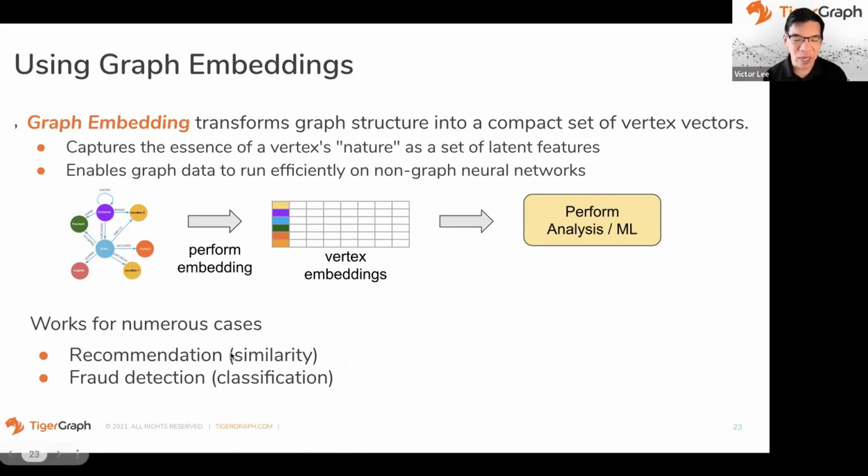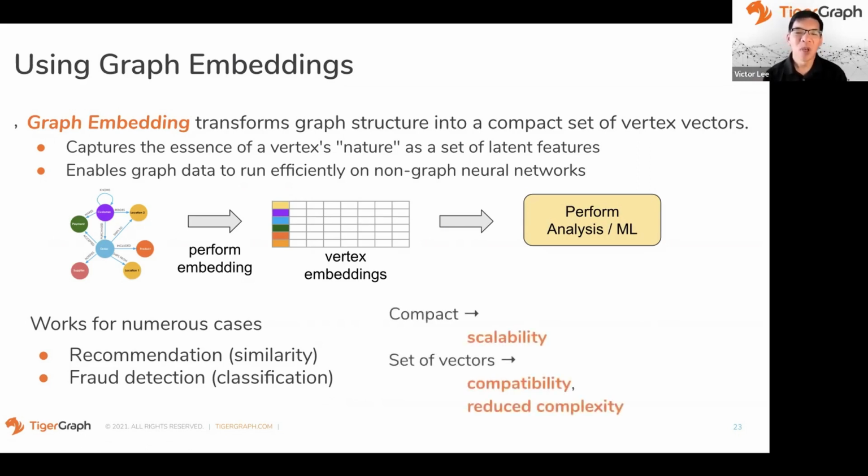You can group them together if they're similar and do classification. So you can do fraud detection. Again, all the use cases that we had before, you can still apply, but we've transformed the data, we've made it more scalable, we've made it more compact, and we've made it tabular, which means that you can now apply traditional machine learning techniques.